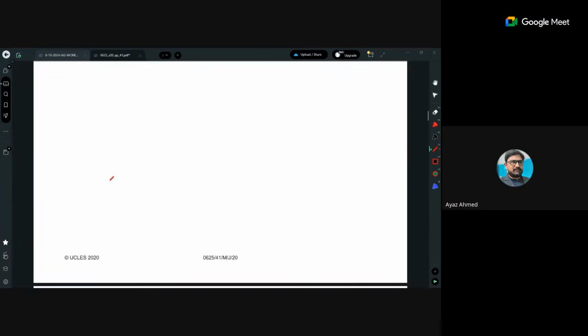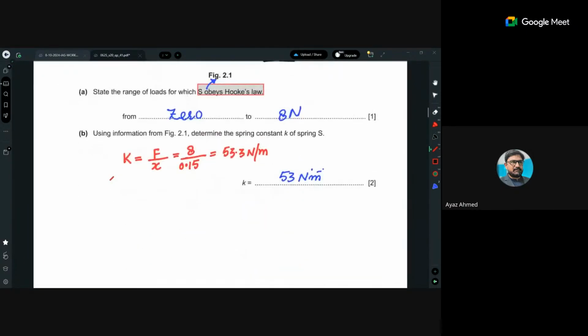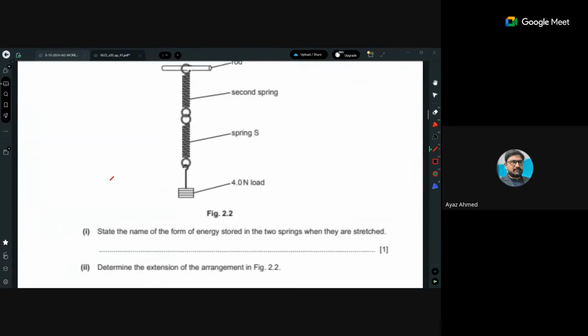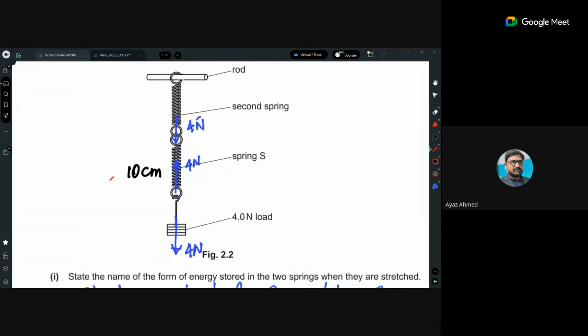So the extension is 7.5 for a single spring, right? Is it clear? So this spring will get extended by 7.5 centimeter. Similarly, this one would get an extension of 7.5 centimeter.